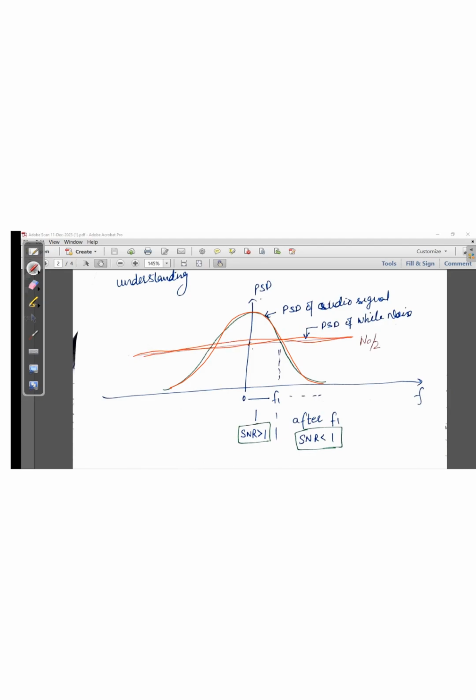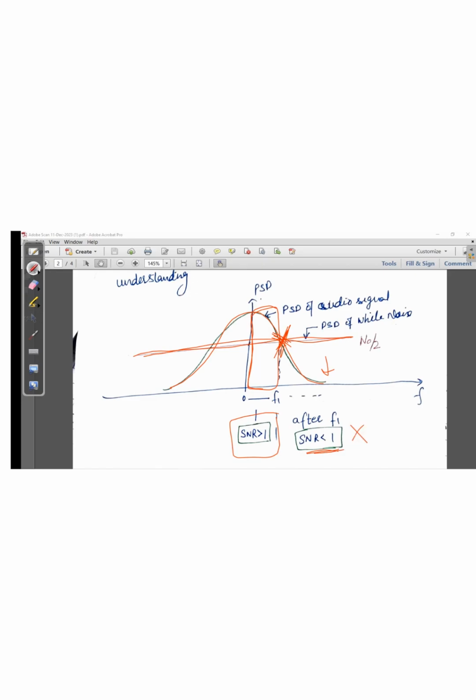Suppose this is some frequency f1. In this region the signal to noise ratio is always greater than 1. After this particular frequency f1, the signal to noise ratio decreases and becomes less than 1, which is not desirable.